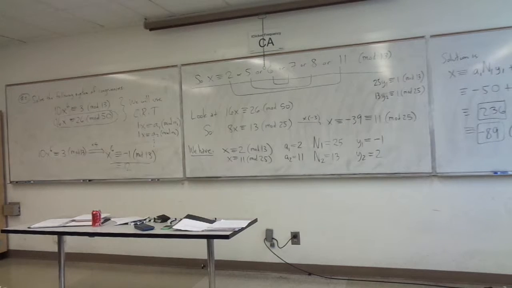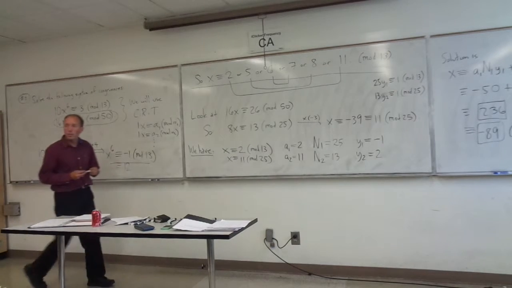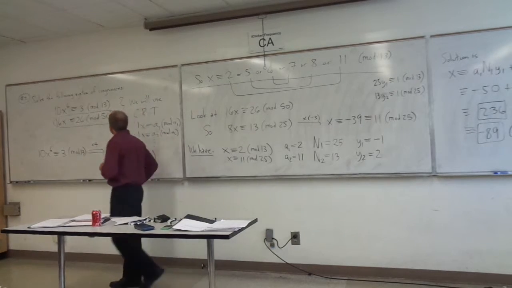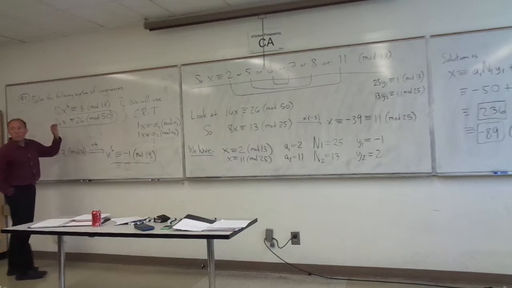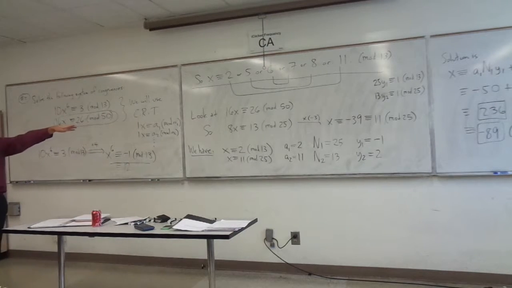Yeah, Jewel? I had a question. Since this is negative 89 in mod 325, but originally we had mod 50 and mod 13, you would still want to just present your answer in mod 325, right?